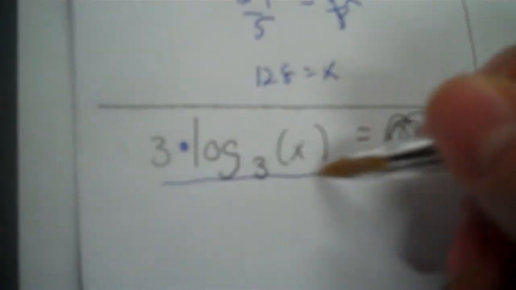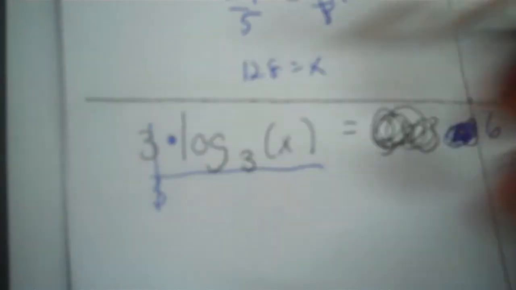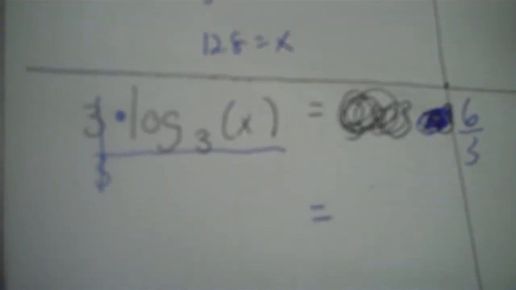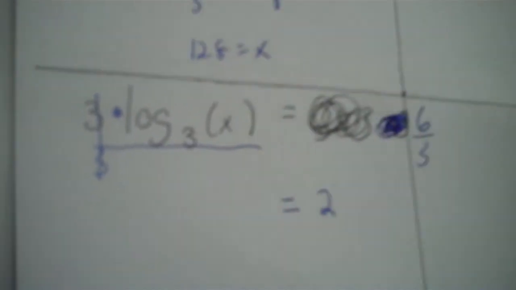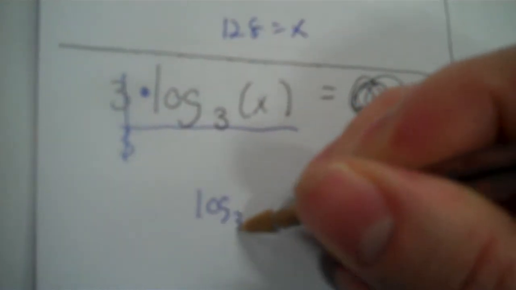Okay, next problem, change that 243 to a 6, please. Now, before you can get it out of log form, if the log has a coefficient in front, you need to first divide each side by that 3, because that means times 3, and you divide your 6 by 3. So before you can convert it into an exponent form, you're going to need to do something.